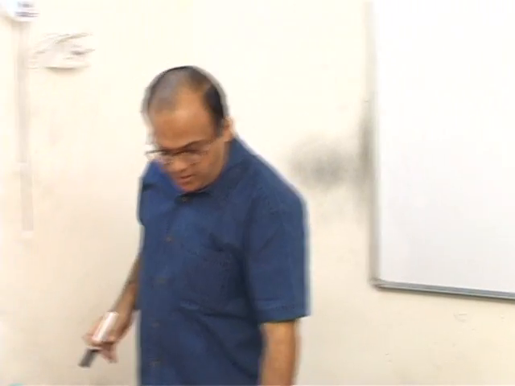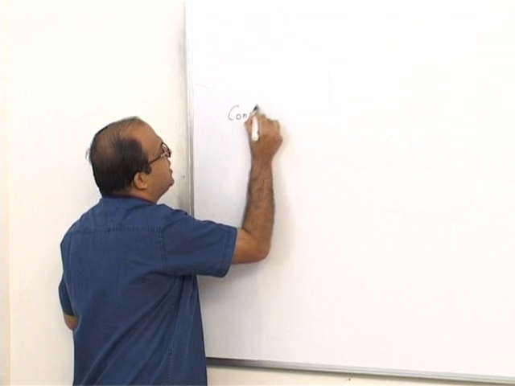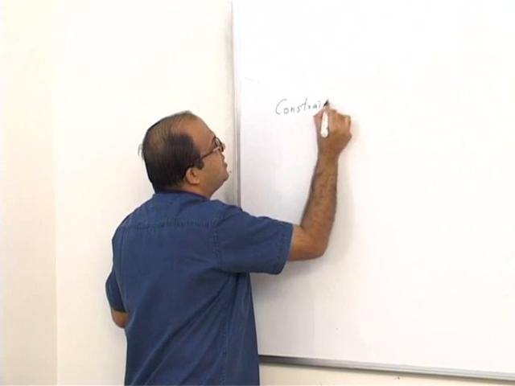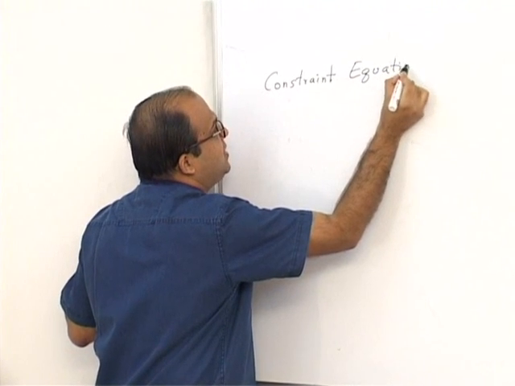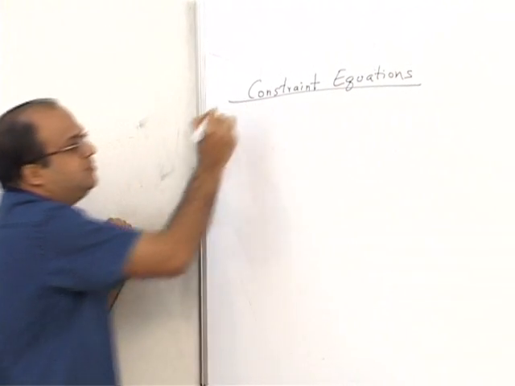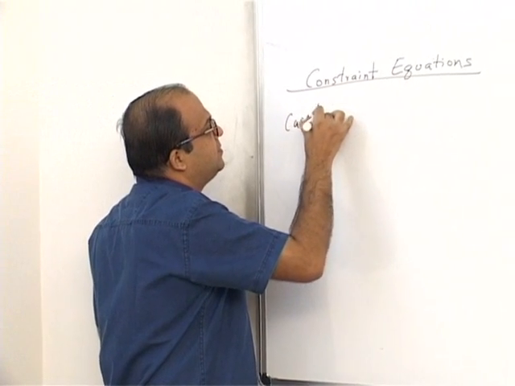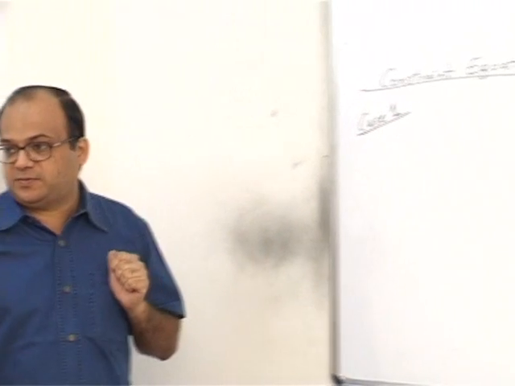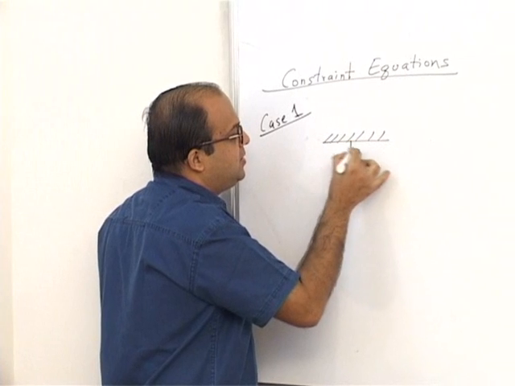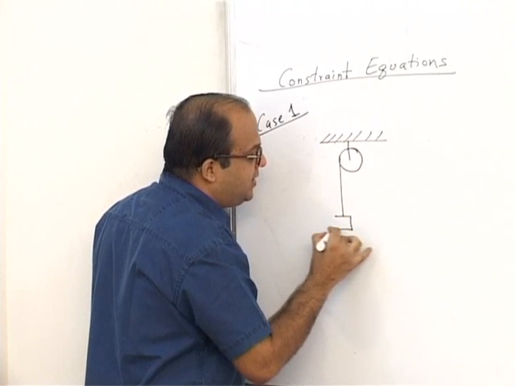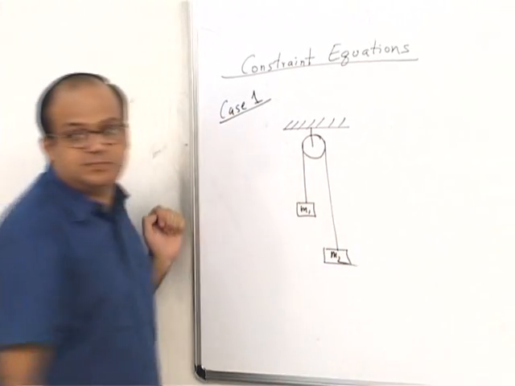Now let us try to understand constraint equations. Constraint equations give us the relationship between velocities and accelerations of various objects connected by strings. First let us take a simple case to understand the process. So you got a pulley, mass M1 is hanging here, mass M2 is hanging here.